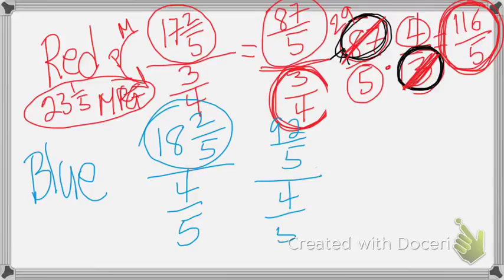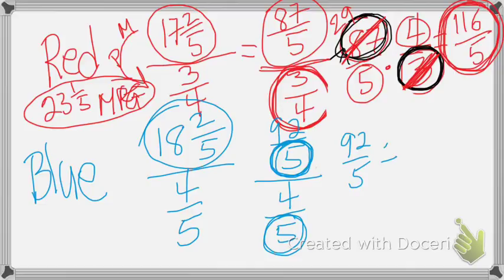Ooh, this looks a little neater. We love seeing this. When we have these common denominators, we love it because life just gets so much easier. We can just put 92 fifths divided by 4 fifths here. We don't really need to worry about the reciprocal here, though you can do it.